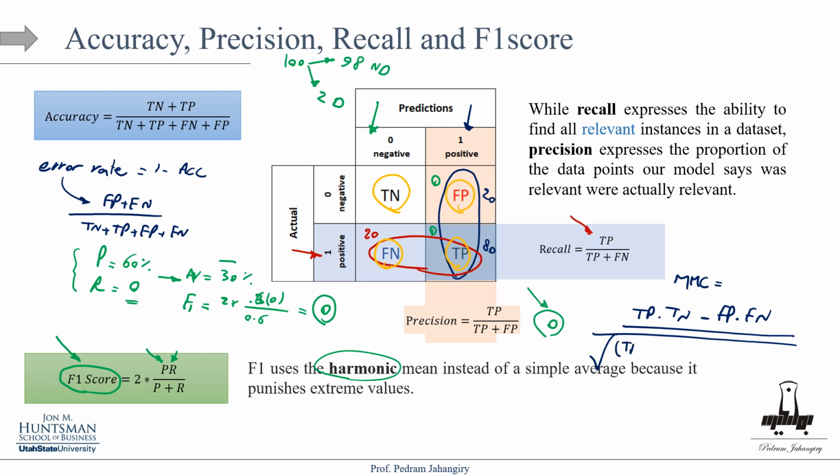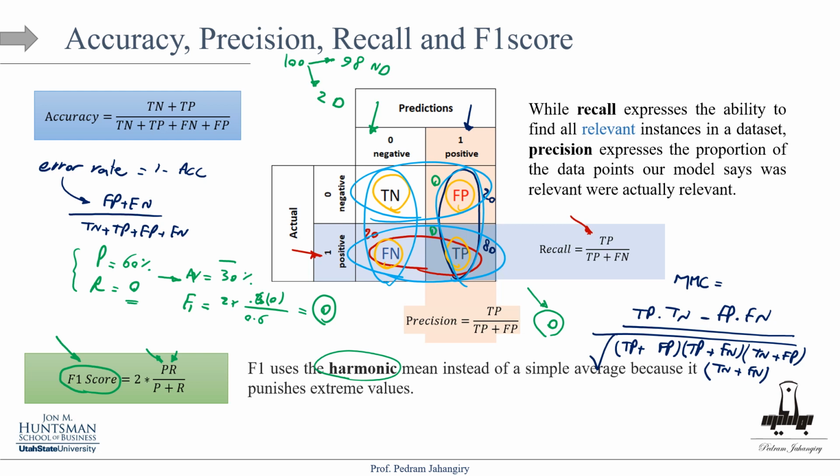So we have true positive plus false positive, multiplied by true positive plus false negative, multiplied by true negative plus false positive, and finally multiplied by true negative plus false negative. And as you can see in the denominator, it's something as straightforward as this, right? We are adding these things, 1, 2, 3, and 4, multiplying them by each other and taking the square root.